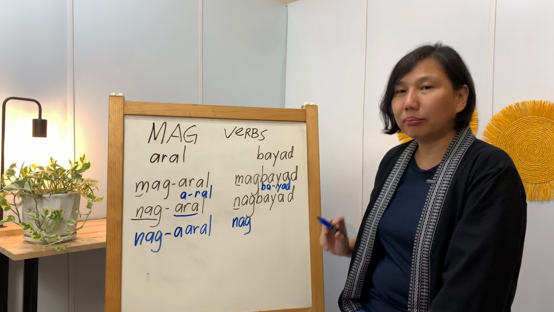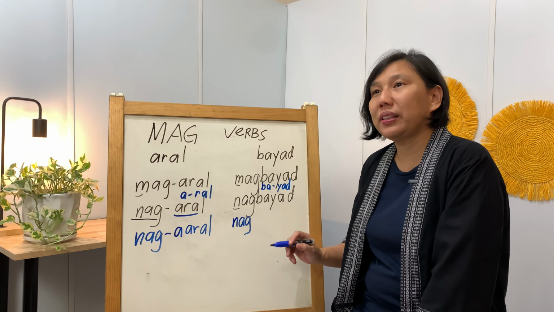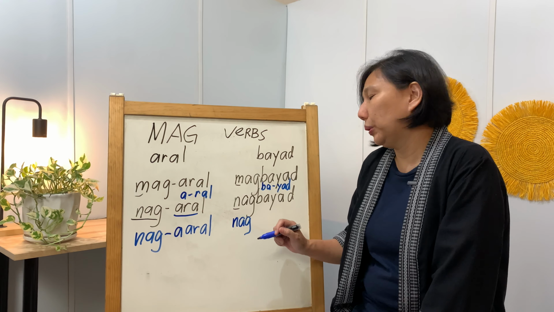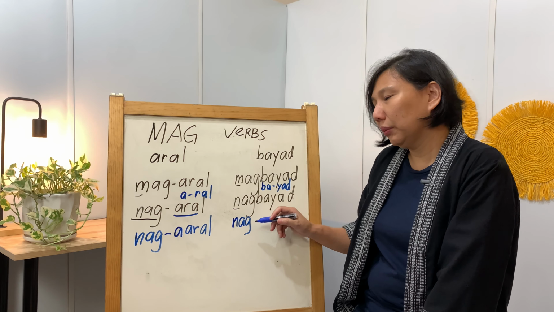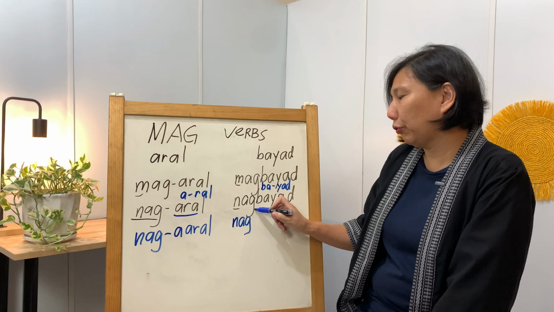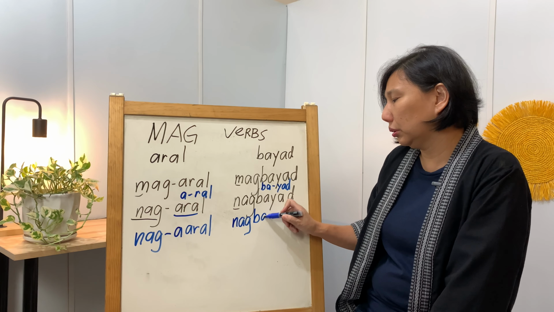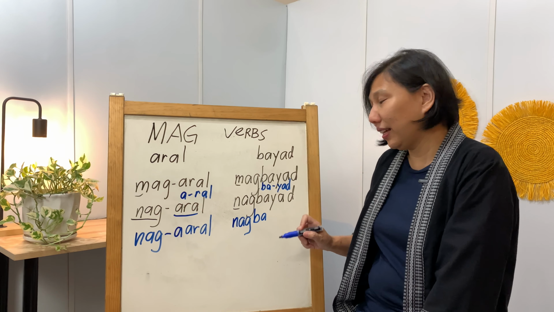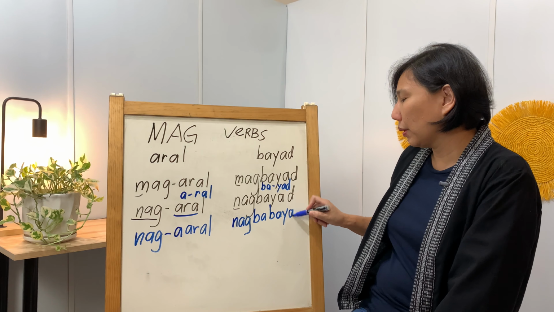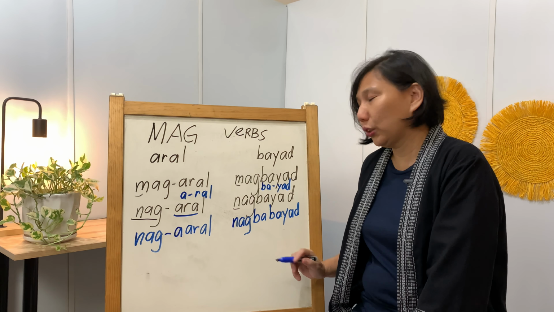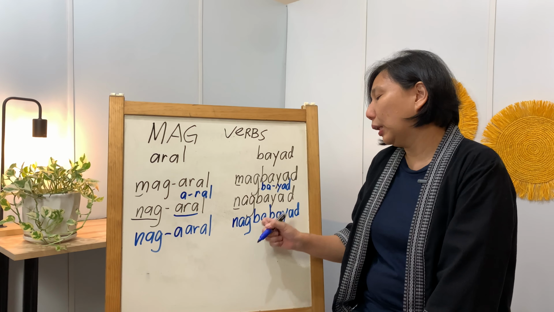So, as I have said for aral, with your nag prefix, you add the first syllable of the root, and then you attach the whole root. So, it reads nagbabayad.